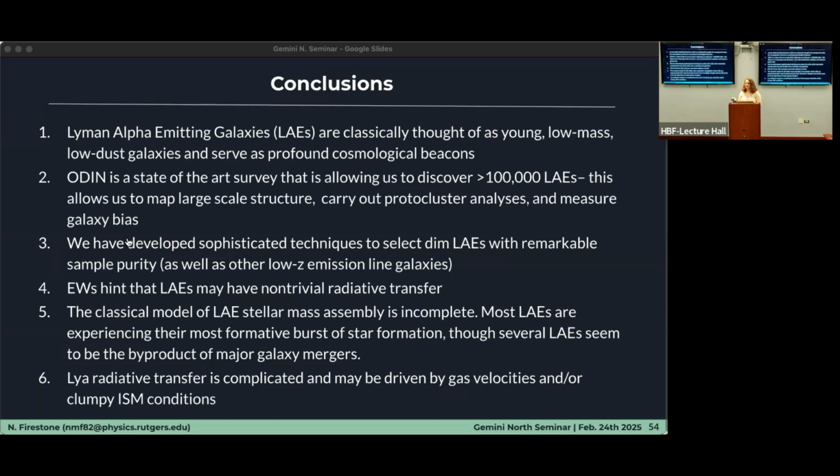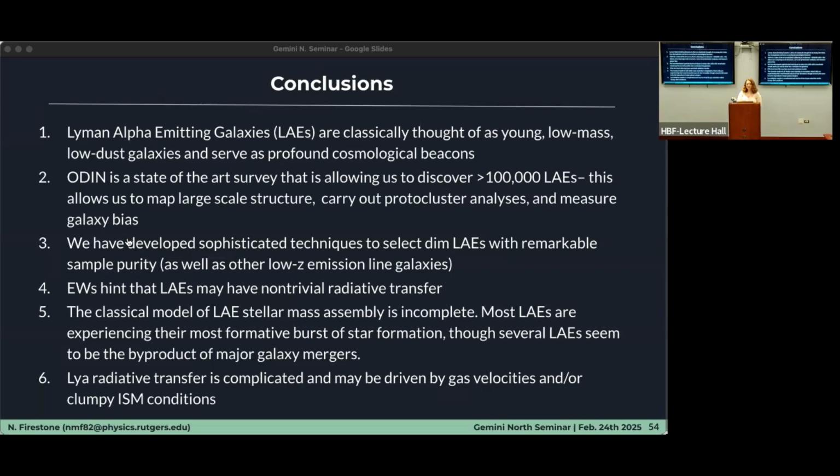We've developed some sophisticated techniques to select dim LAEs with remarkable sample purity, and it's also allowed us to set aside some other low redshift emission line galaxy samples whose star formation histories would be interesting to look at.